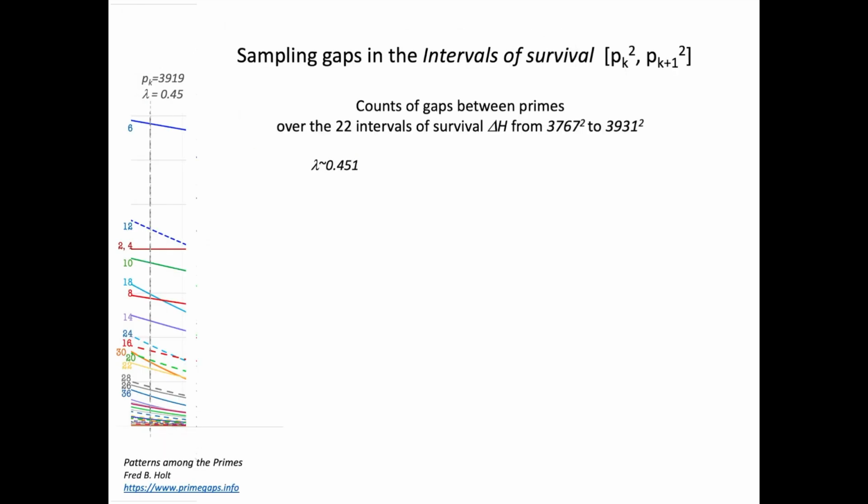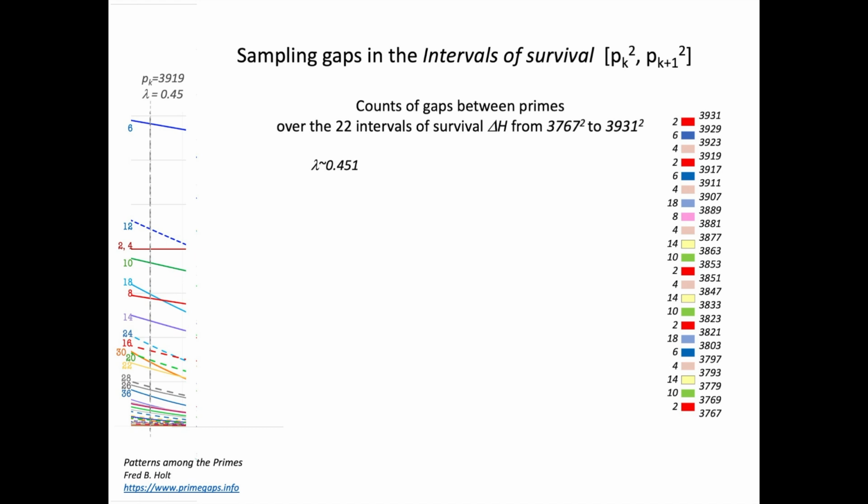We put that section of those graphs over on the left-hand side as a reference. We have the section of graphs for those weights around lambda equals 0.45 over on the left. And then we will lay out the primes from 3767 up to 3931.